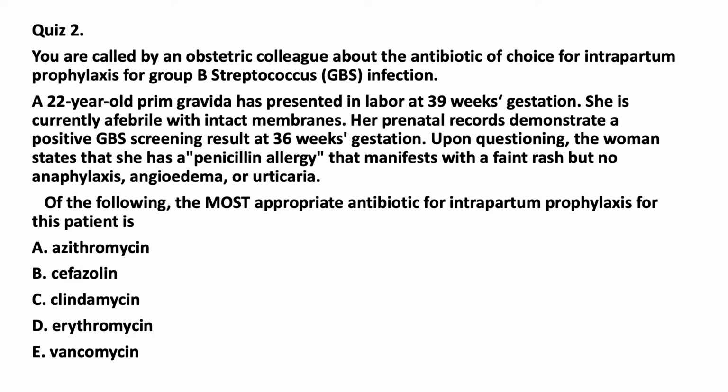Upon questioning, the woman states that she has a penicillin allergy that manifests just with a faint rash, but no anaphylaxis, angioedema, or urticaria. Of the following, what is the most appropriate antibiotic for intrapartum prophylaxis for this patient? You give azithromycin, or cefazolin, or clindamycin, or erythromycin, or vancomycin.